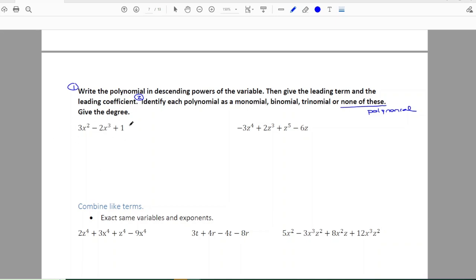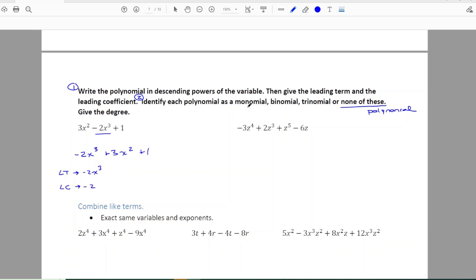So let's take this guy, let's write it in descending orders of power first. So this is my highest power, so I'm going to write the negative 2x cubed first. Always take the sign with it. Then I'm going to write the 3x squared, and then I'm going to write the 1. So I've written in descending orders of power. The leading term, we'll just put LT, is negative 2x cubed, and then my leading coefficient is just the negative 2.